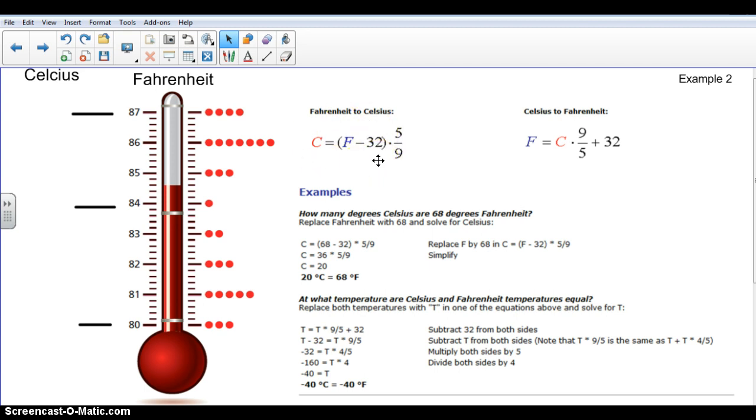PEMDAS, you do that first. The formula for Fahrenheit then would be Fahrenheit equals, and you can go straight across because multiplication comes before addition and subtraction anyway, so you're in the right order. Fahrenheit equals Celsius times 9/5 plus 32.